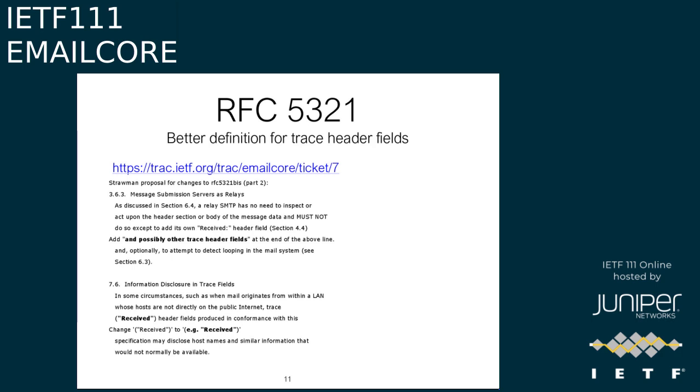And in section 7.6 about information disclosure, again, it says that the received header field can disclose private information about hosts and so on, but other trace header fields can also potentially do that. So I suggest adding, for example, received, but that's sort of a minor thing, really. Any comments, any objections?